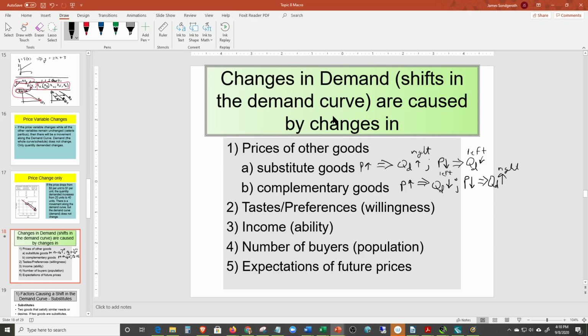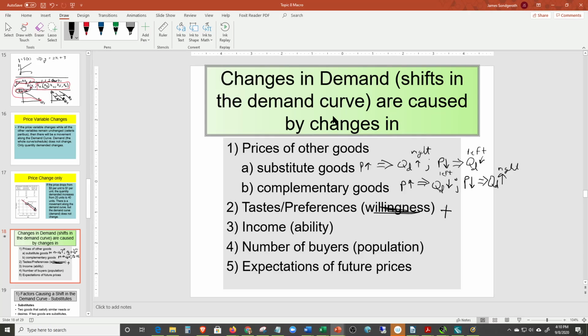Taste and preferences, and this is what marketing is all about, and advertising is trying to get people to change their willingness. So basically, if you can get people to think something is cool or beneficial, this will shift, let's say, taste and preferences plus.